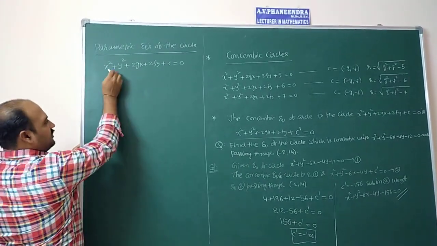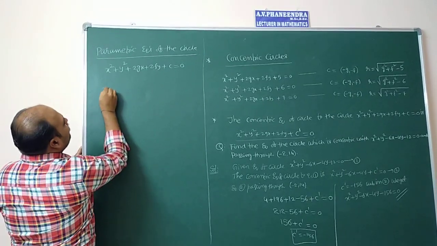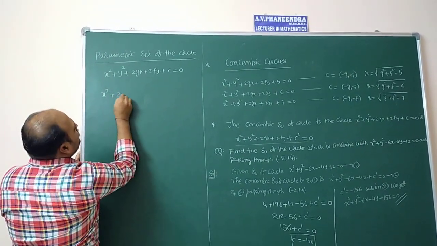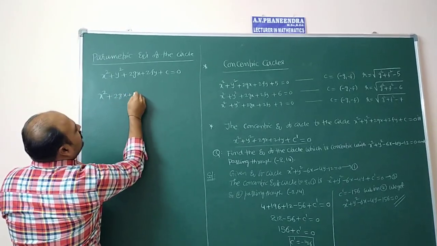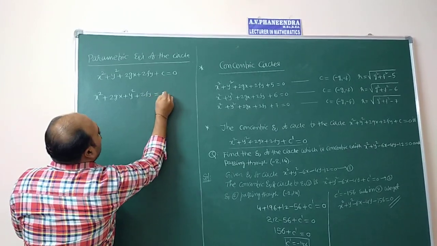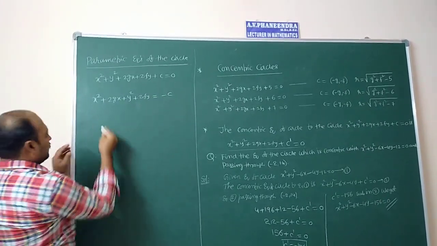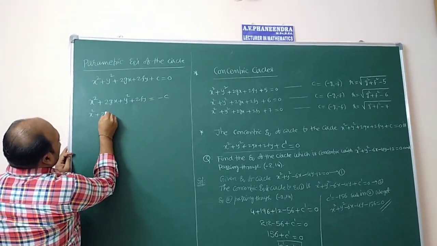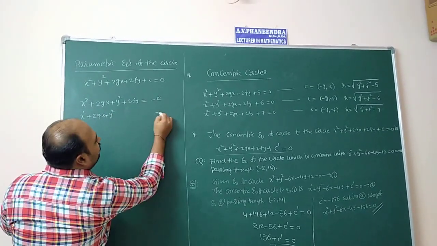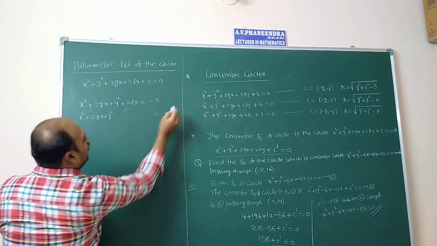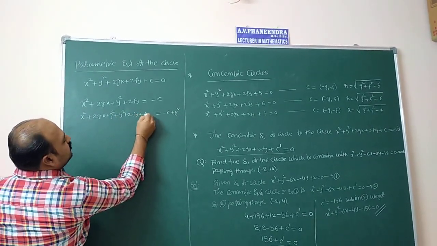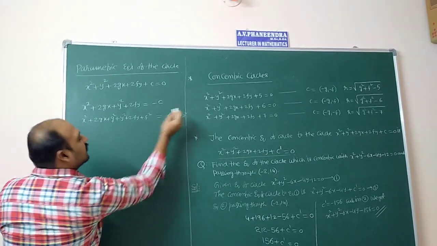See these equations: x square plus 2gx plus y square plus 2fy is equal to minus c. To get the perfect square, add g square on this side and here also add g square, plus y square plus 2fy plus f square, here also we add f square.